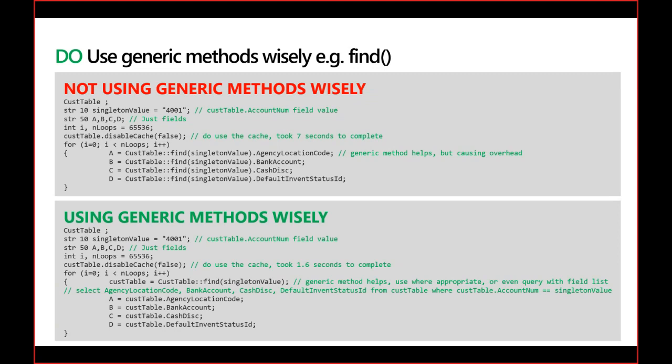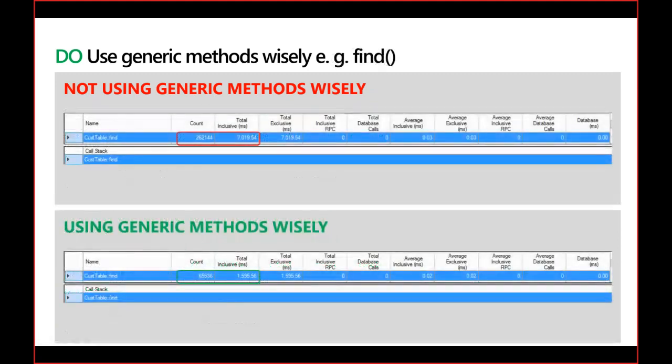There's one comment to this, and we could go for an alternative solution. You could also use a query with a field list, which is a comment made at the bottom part here in the code. If you compare the traces, you can see that when you are not using generic methods wisely, it's around 7 seconds versus 1.6 seconds on the CustTable find method when we are using them wisely.